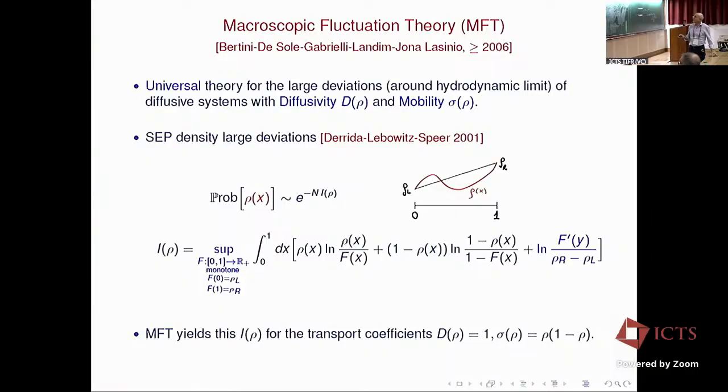If you want to observe something different, the cost is given by this function, and indeed this agrees with what comes out from the matrix product ansatz when, for the macroscopic fluctuation theory, you specify the diffusivity equal to 1 and the mobility equal to rho(1 minus rho).